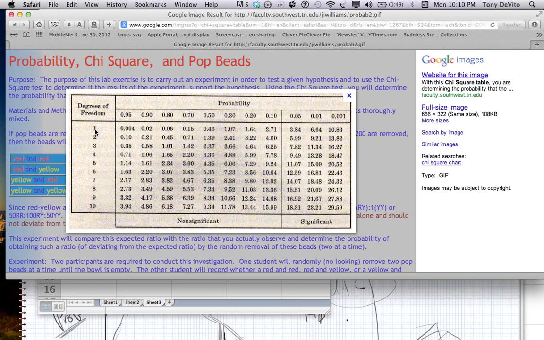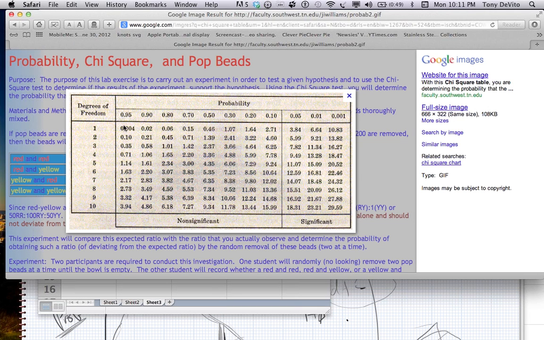Okay, so for 1 degree of freedom and a probability of being wrong if we reject the null hypothesis of 5%, our critical value of chi-square is 3.84, right? So if I exceed 3.84, I know my probability of being wrong is going down. See, as the number gets bigger, it goes down.